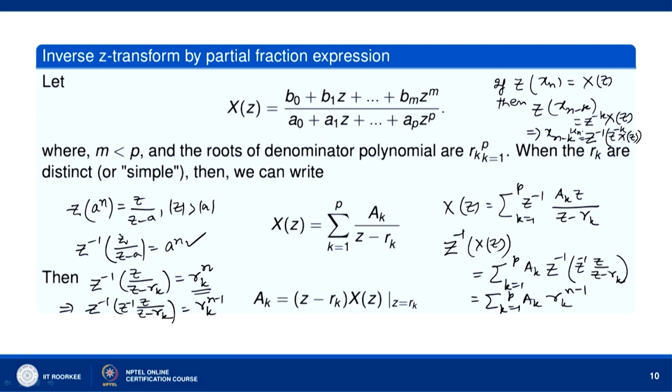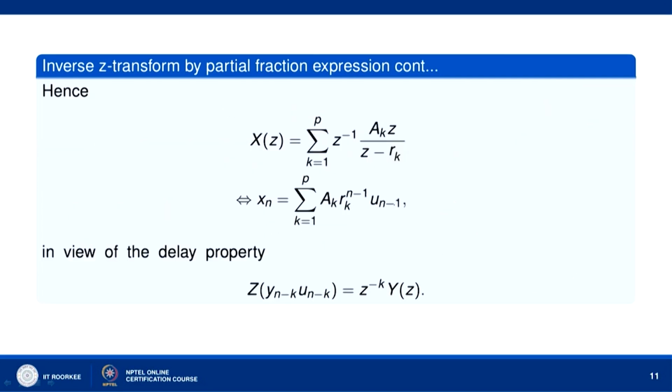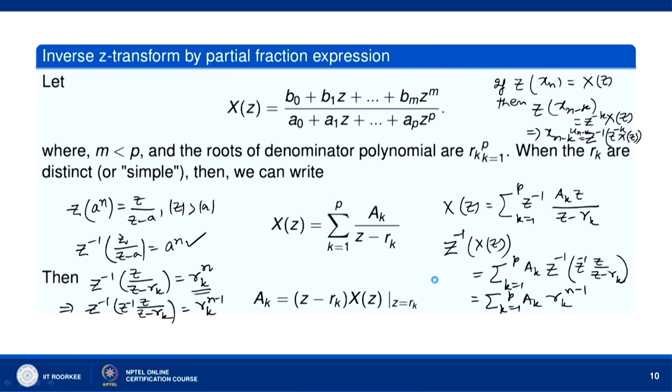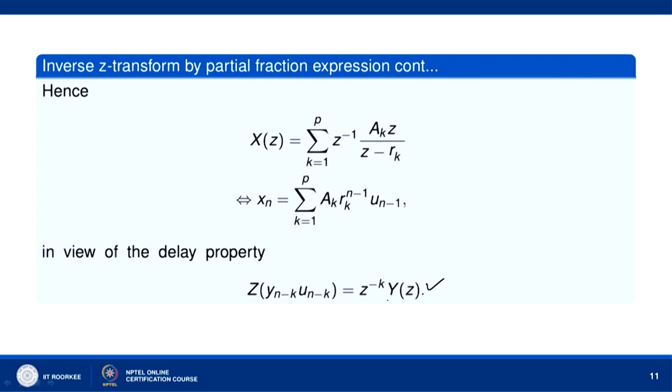So, this will become actually u n minus k, sorry, u n minus k. So, this will be r k to the power n minus 1 u n minus 1, k equal to 1 to p, in view of this property. So, the property that I have written here, x n minus k u n minus k equal to Z inverse of Z to the power minus k X z. So, this property we apply.